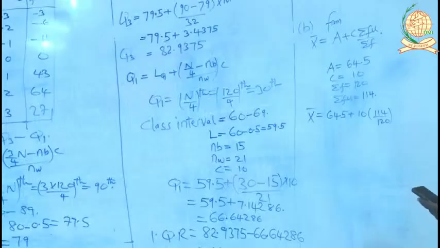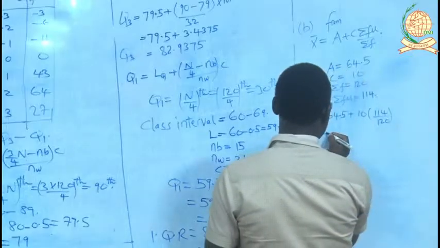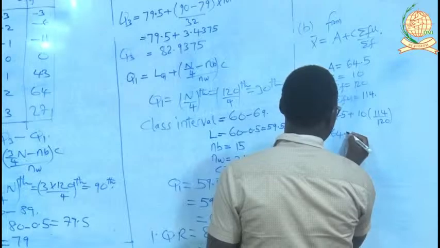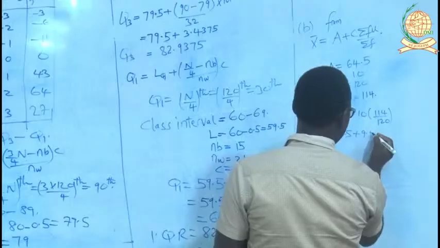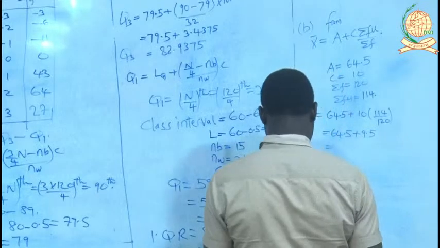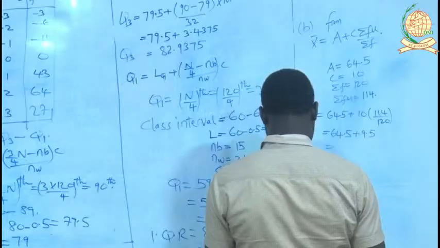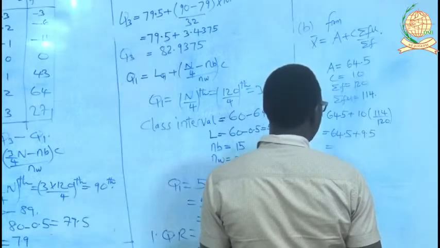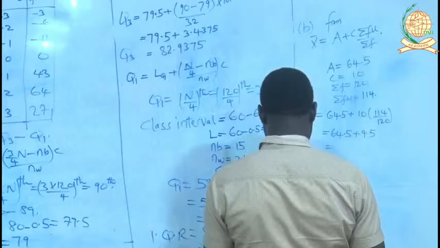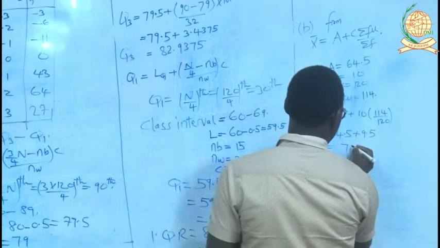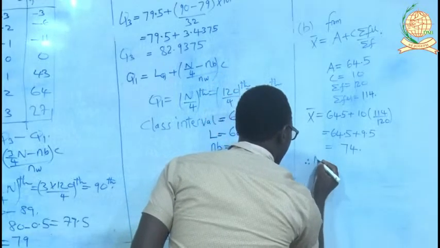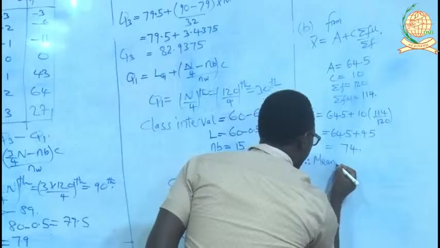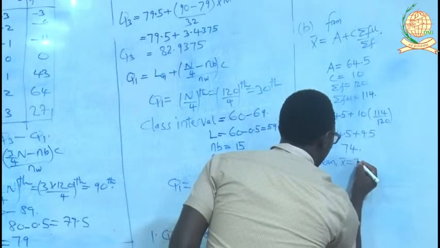So this will be equal to 64.5 plus 9.5, which added to 64.5 is 74. So therefore the mean will be equal to that one.